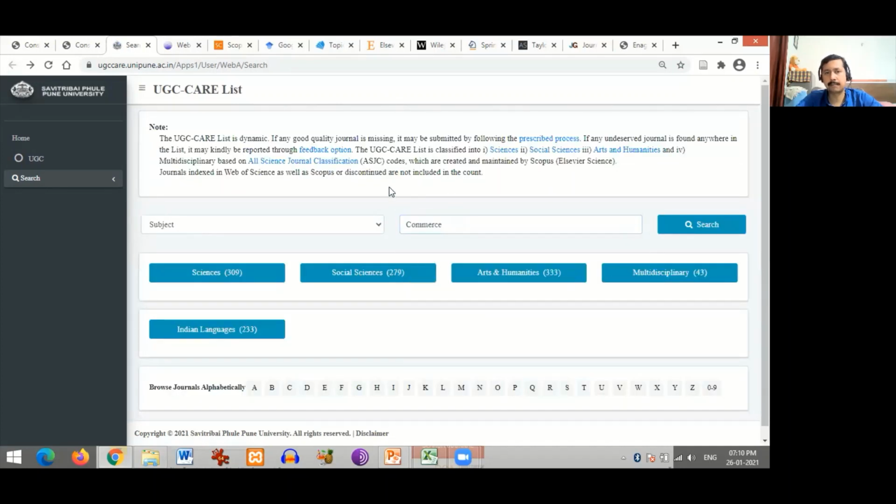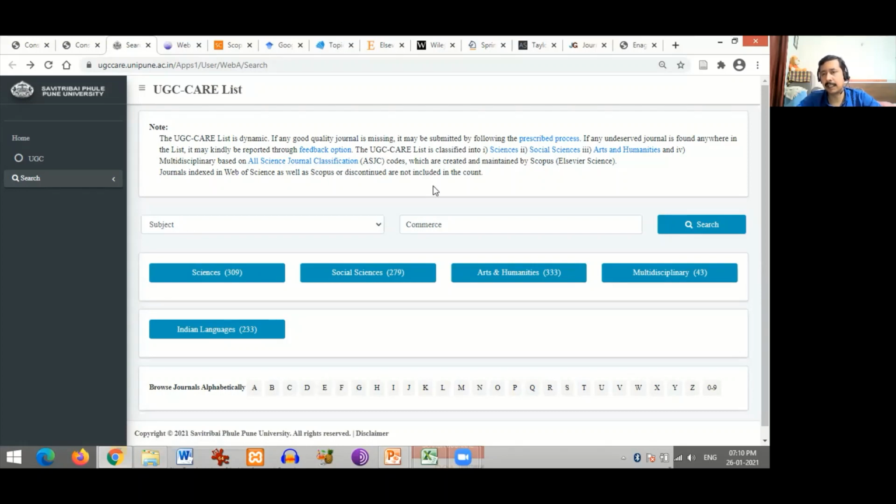as commerce. For instance, if you observe here, all science journal classification code is the system that is used by UGC CARE to determine the subject of a particular journal. This all subject journal classification is maintained by Scopus, or I can say Elsevier.